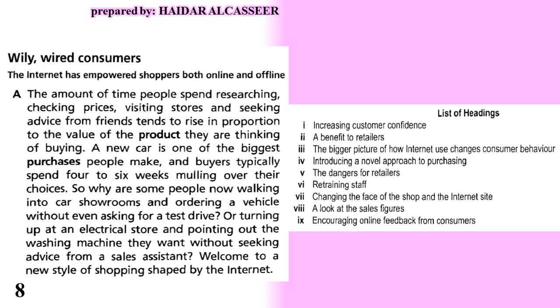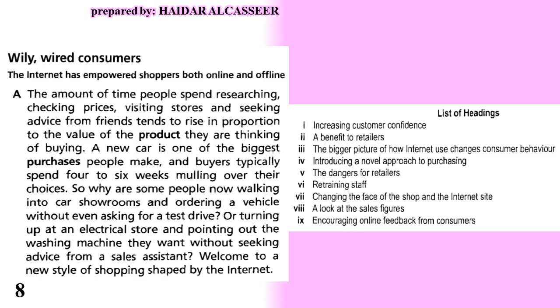3, the bigger picture of how internet use changes consumer behavior. 4, introducing a novel approach to purchasing. It talks about purchasing. Purchasing, we will explain this word later. 5, the dangers for retailers. 6, retraining staff. 7, changing the face of the shop and the internet site. 8, a look at the sales figures.